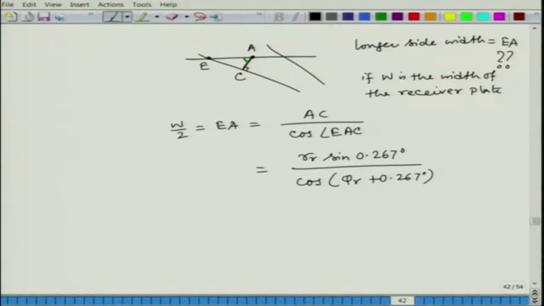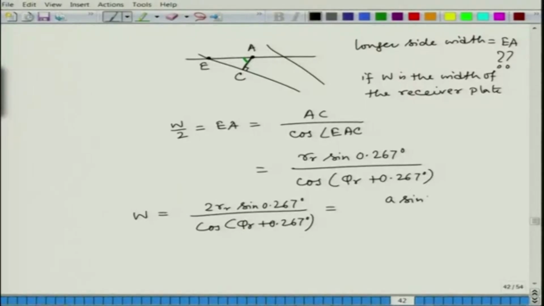Okay, clear? So, what we can write, this W will be 2 RR sine 0.267 degrees divided by cos of phi r plus 0.267 degrees, and it can equivalently be written in terms of the aperture width A divided by sine phi r into cos of phi r plus 0.267 degrees.